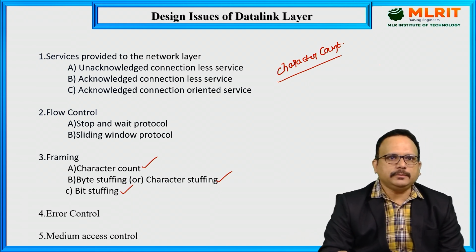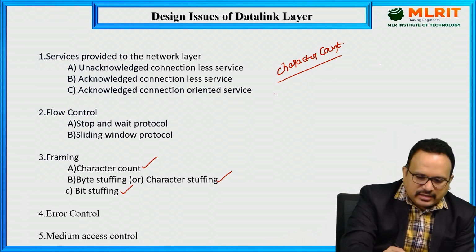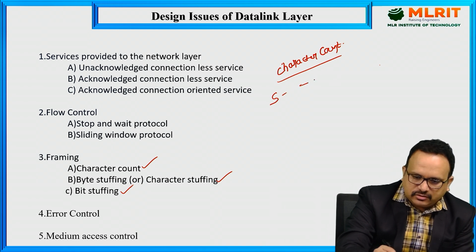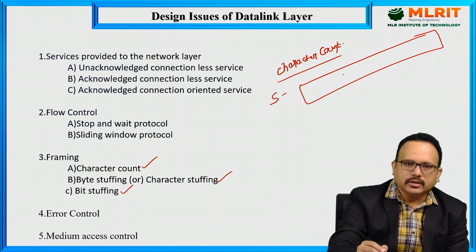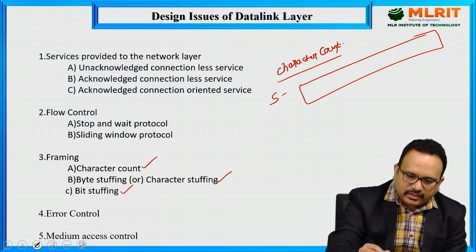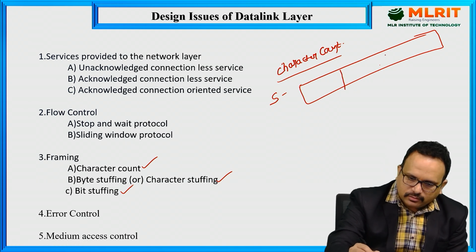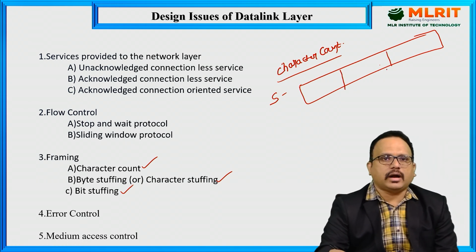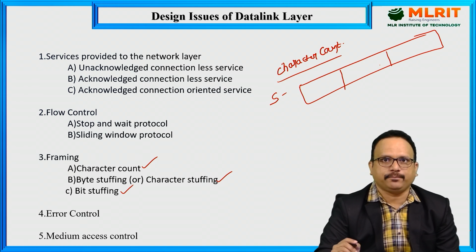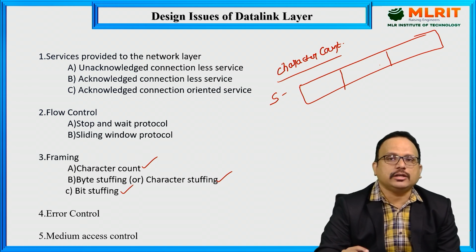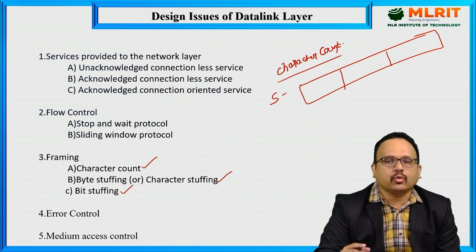For example, the sender has this frame to be transmitted, and in a single stream we have 3 frames. So how are we going to identify the start of the frame and the end of the frame? The first field in the frame indicates the number of characters in that particular frame, the count of that frame.